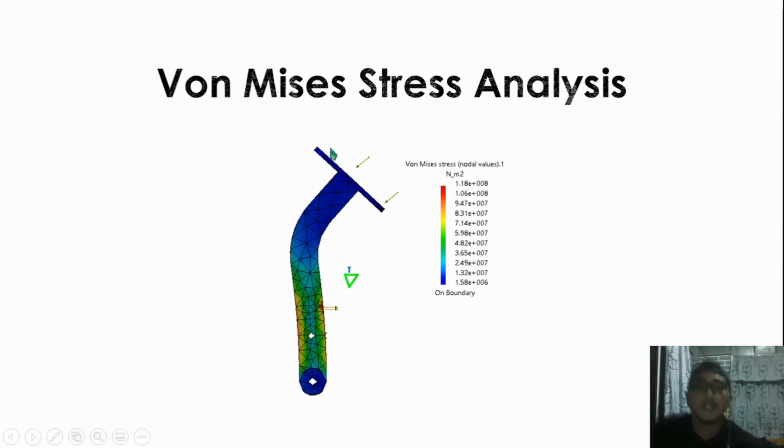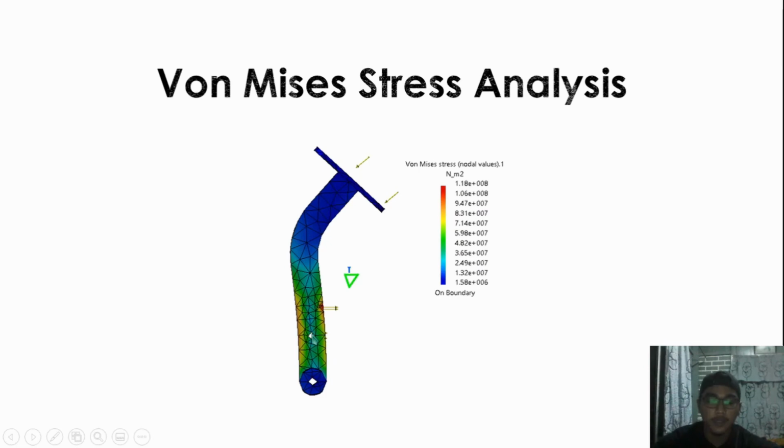Okay, stress analysis. This arrow we can see is the pressure we give to the pedal. This is the spring, and this is the throttle wire.